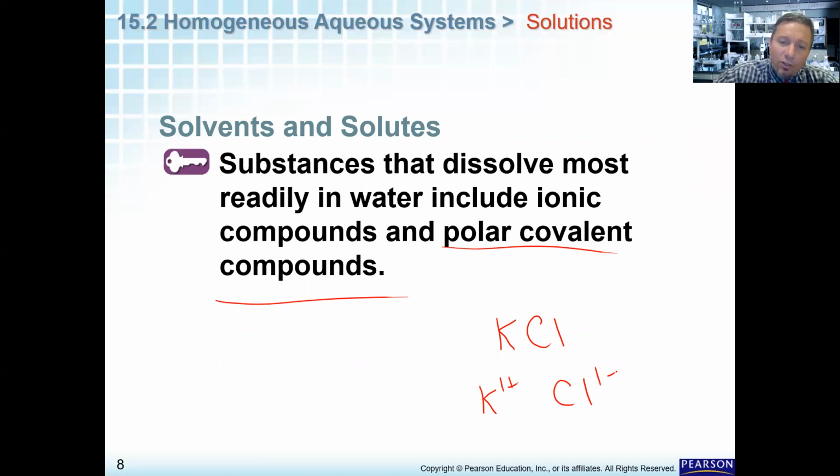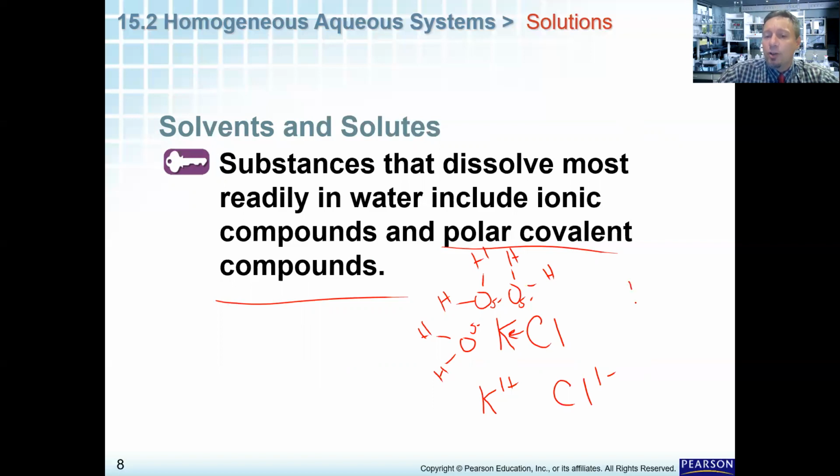So what you're going to get on this side around this potassium is the oxygens, just like so. And the oxygens have that slight negative charge. This is positive, that's what the ion is, and it's going to pull away from the chloride.